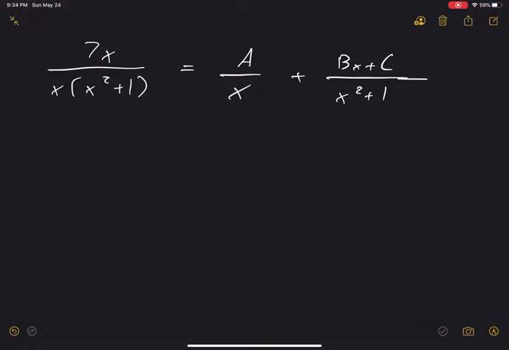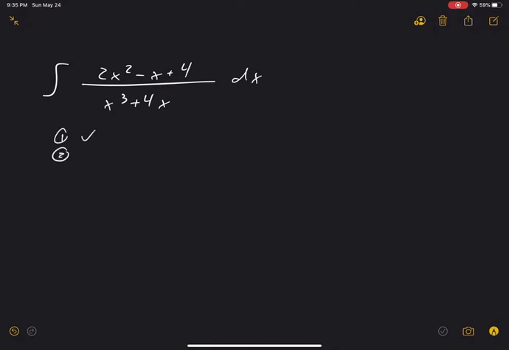So let's see a quick example of this. Let's go to another example from the book. Let's say I have 2x squared minus x plus 4 over x cubed plus 4x. The degree of the top is less than the degree of the bottom, so step 1, check.